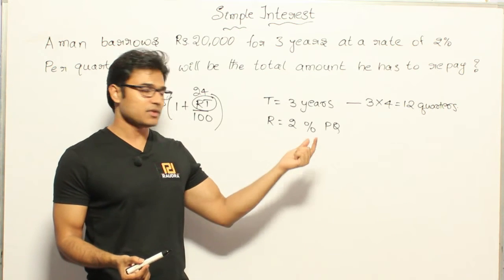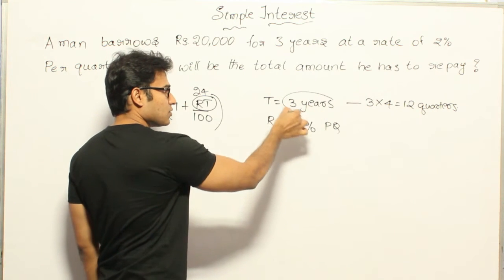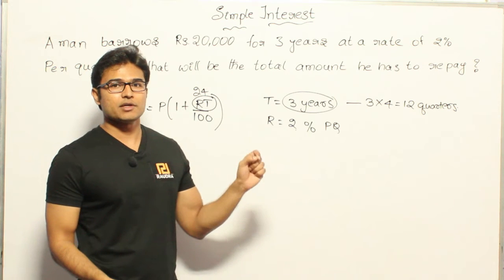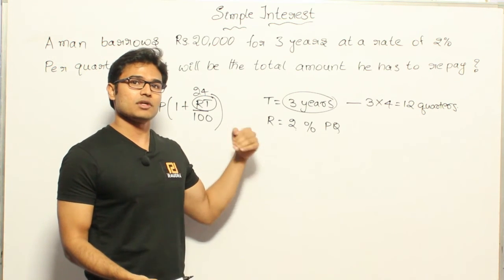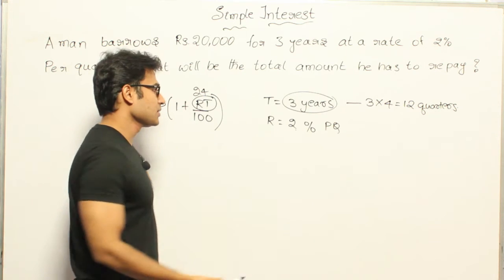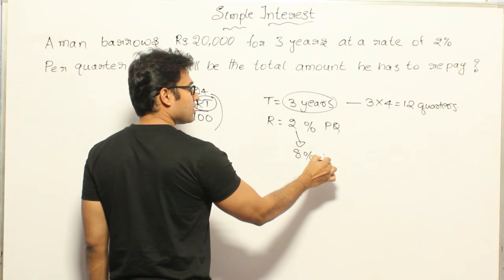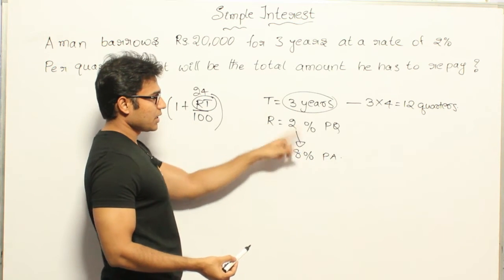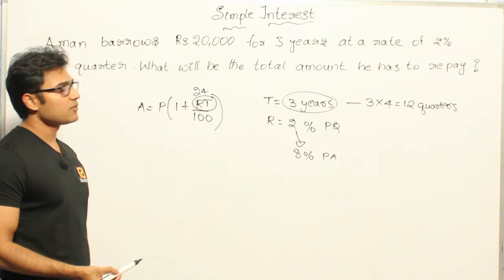Therefore if you want to use years only, then you find the rate per annum. For 1 quarter the interest is 2%, and in 1 year there will be 4 quarters, so the rate will be 8% per annum, isn't it? Now you multiply these two, again you are going to get 24% only. So anyway RT is going to be 24.